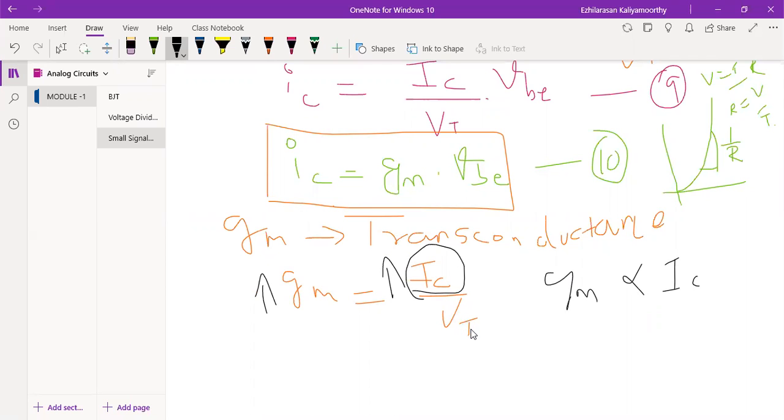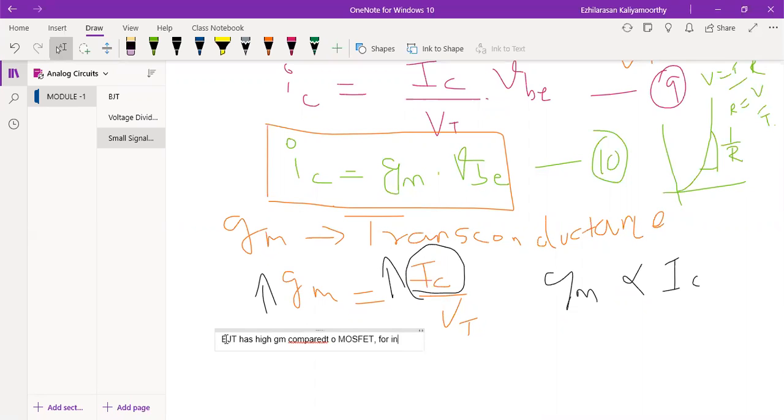If the thermal voltage changes, then the gm also changes. One simple point to make: the BJT has high gm, that is high transconductance, compared to MOSFET.